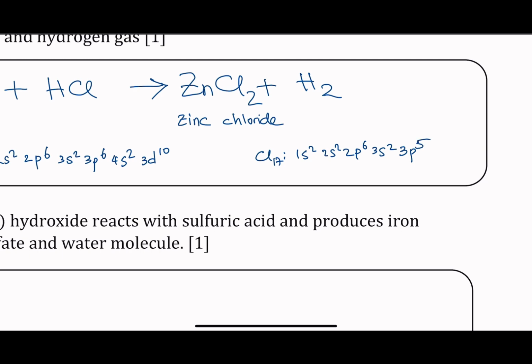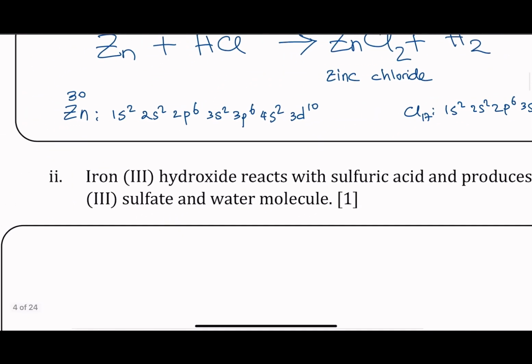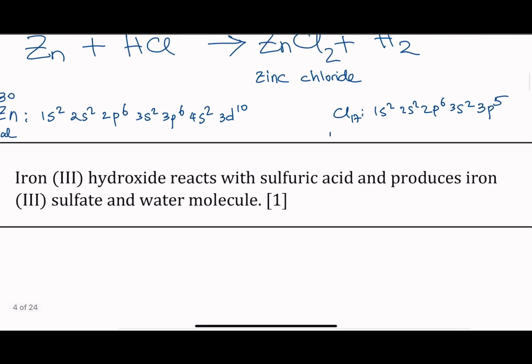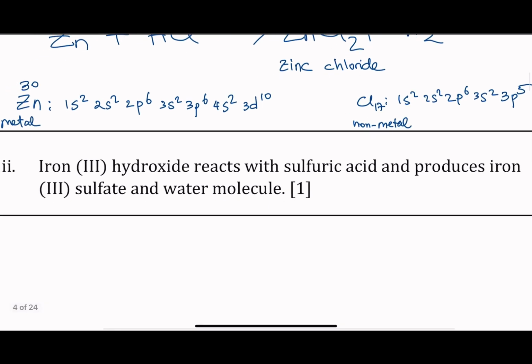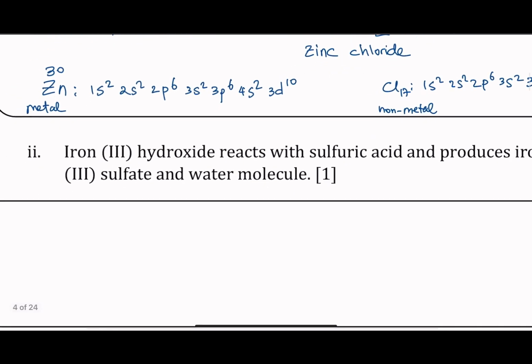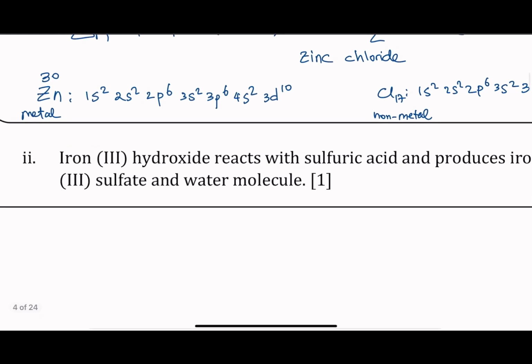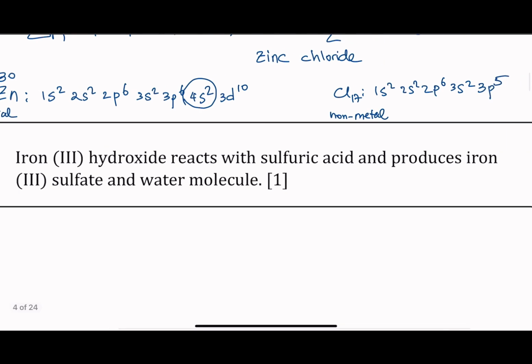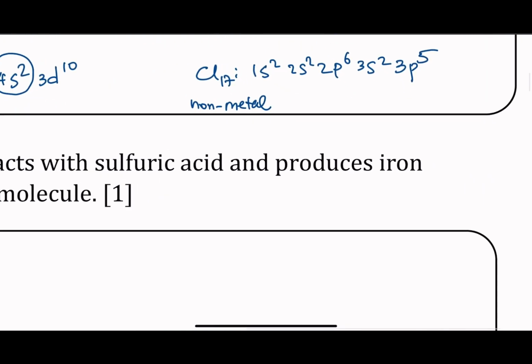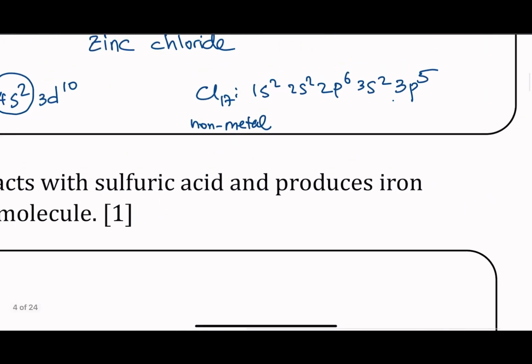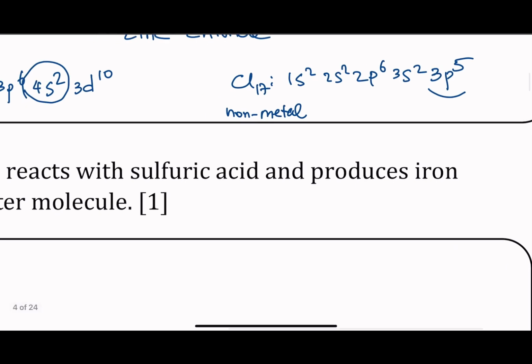And then we know that because zinc is a metal and chlorine is a non-metal, if you check the periodic table, you would see the location. Metal will lose electrons, and it will lose 2 electrons from here, while non-metal will gain 1 electron to complete the octet.